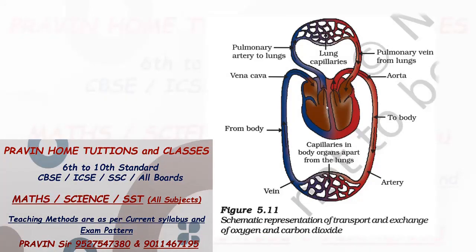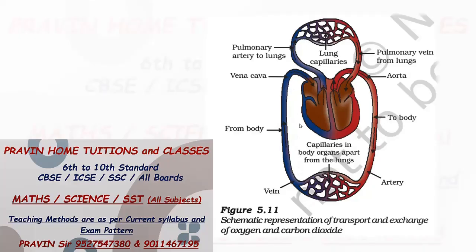This figure shows a representation of transport and exchange of oxygen and carbon dioxide. On this side, this is oxygenated blood supplied to the body by means of arteries and veins. On this side, the blood is collected from the body and sent to the lungs for the oxygenation process.